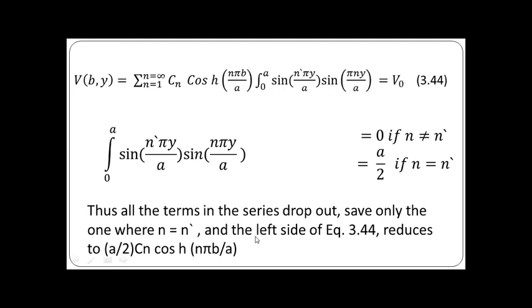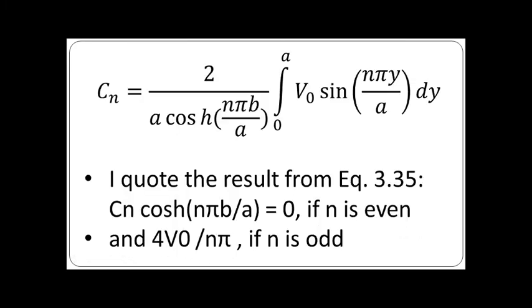So the left hand side reduces to a by 2 Cn cosh n pi b upon a. It means that our coefficient Cn is equal to 2 upon a cosh n pi b upon a, times the integration from 0 to a of V0 sin n pi y upon a dy.